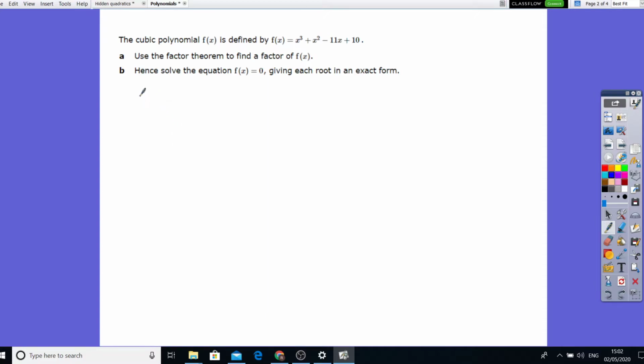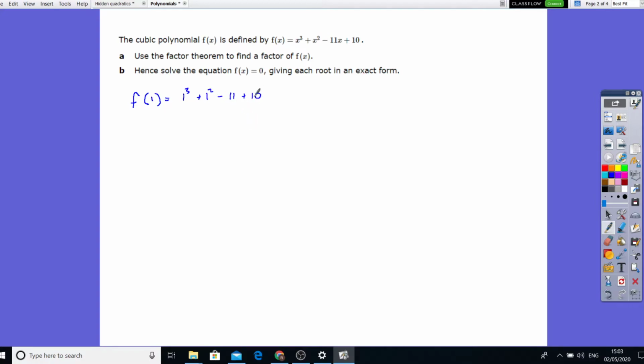So I'm going to first of all sub in my factor. Let's try 1. So let's just try 1 cubed plus 1 squared minus 11 times 1 is 11, and plus 10.